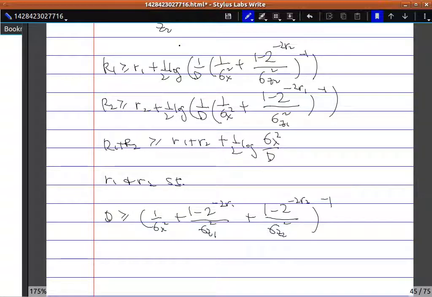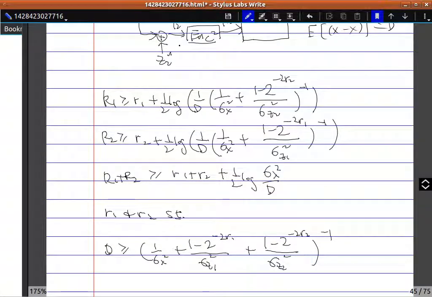In this video, I'm going to give a converse proof for this one. Basically, I will show that if the distortion D satisfies this, then the rate has to be bigger than this.